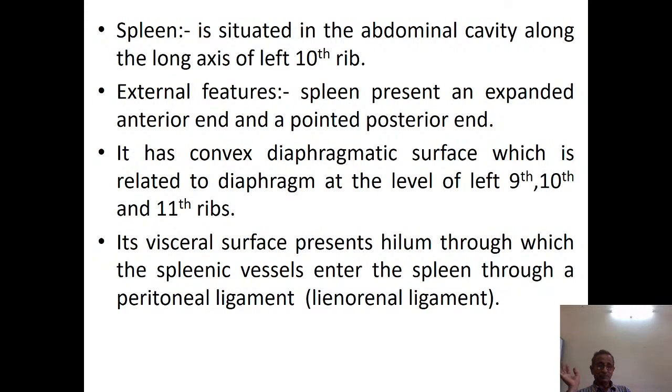And then the endocrine secretion of the pancreas is from the islets of pancreas, which are isolated bodies of cells which can be easily distinguished from the acini of the exocrine pancreas.